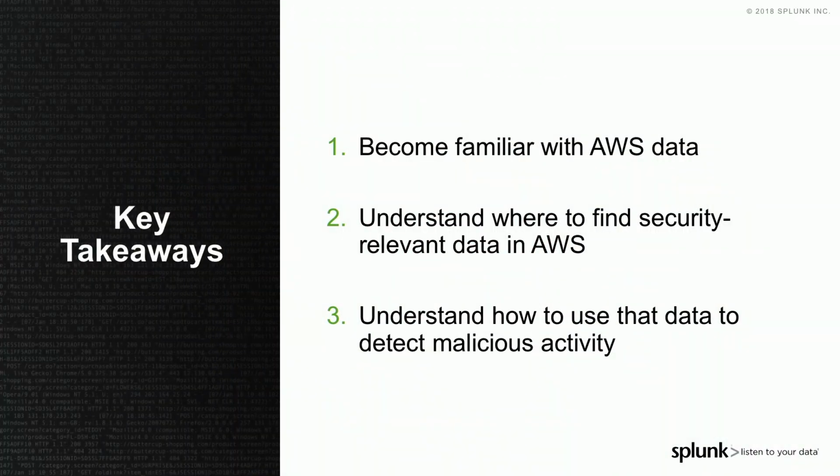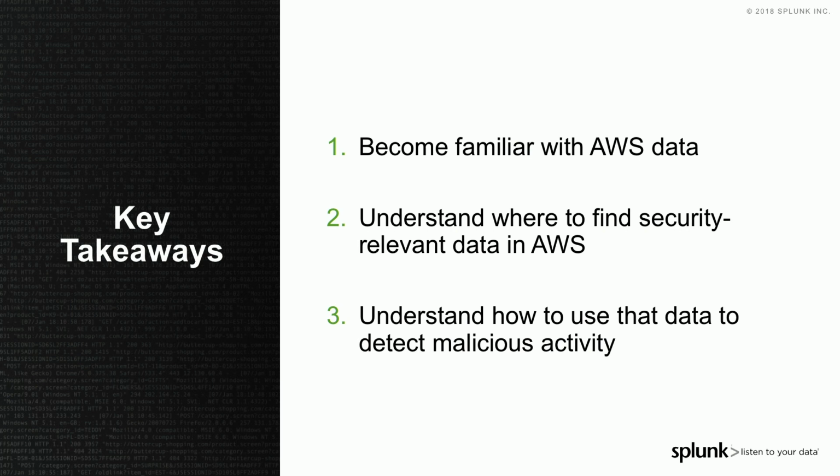And so the key takeaways, again, it's so important to become familiar with the AWS data and what you can glean out of that data set. You also want to understand where to find that security data. A lot of it is in the documentation, a lot of it's in the management console, a lot of it is simply about toggling an enable versus disable button, but it's really important to know where to look for that.